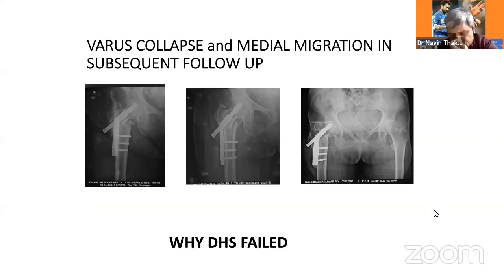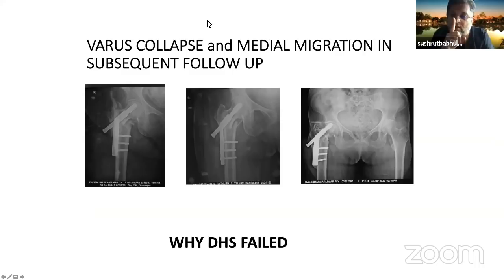Fine. But if you know that 20.5 millimeters is less, so the lateral wall is deficient, and you put in an intramedullary device, it will take care of that lateral wall, even if it breaks, because it is one chunk of lateral greater trochanter.